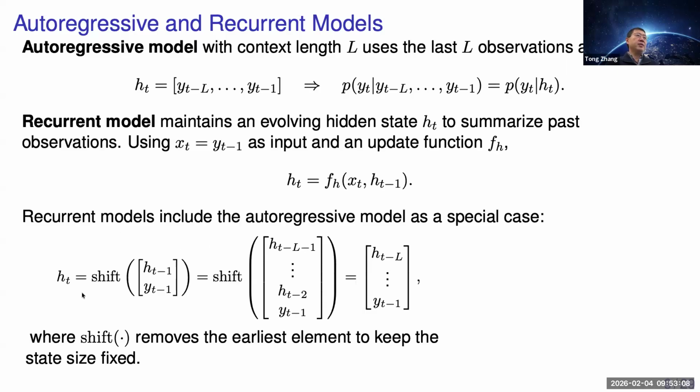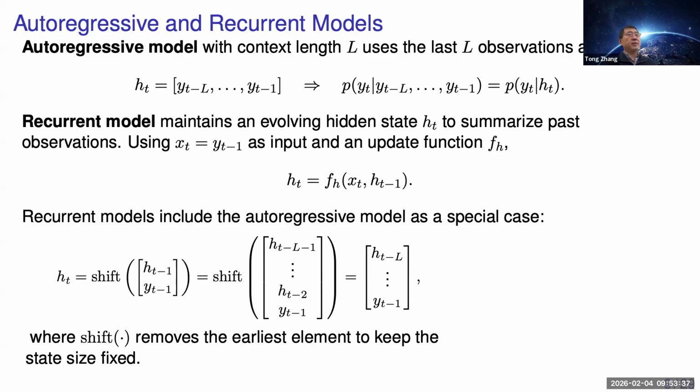So basically, this is a function f. You can write a function to take the previous history, take the current observation, and get the next history, the next hidden state, by just shifting your context length by one. Discard the oldest, add the newest, and this is the recurrent.